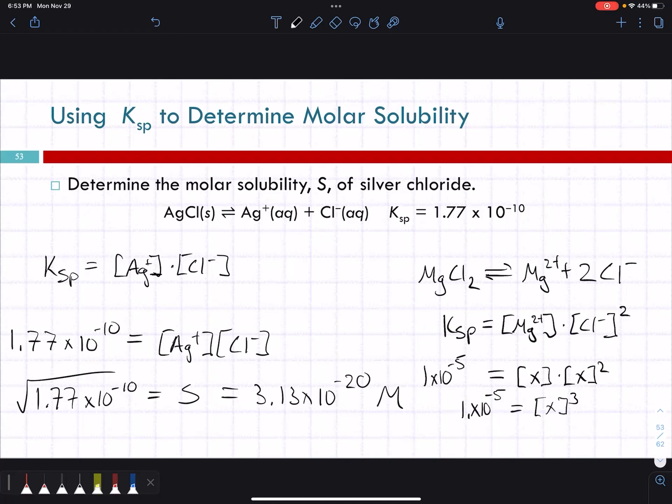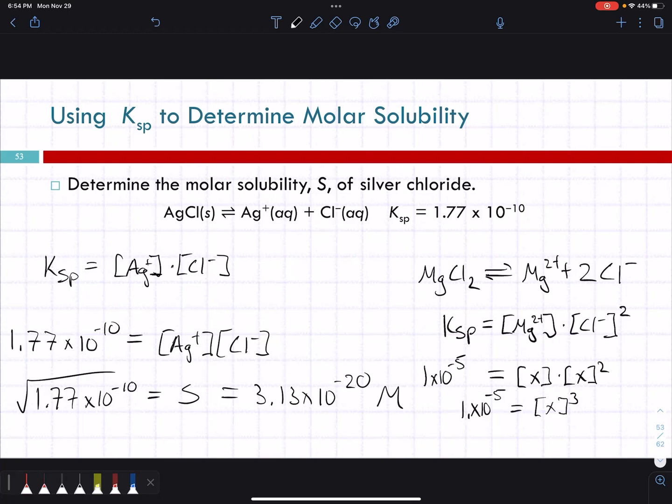Does that make sense? So the first one was only squared because there's only 2 ions it makes. So really, if you want to simplify this down, your molar solubility is your Ksp to whatever root number of ions there are.